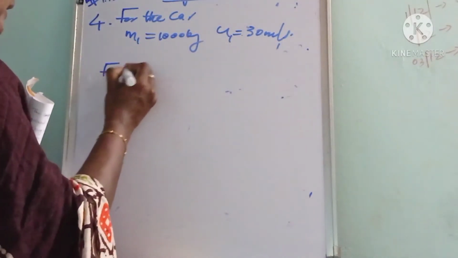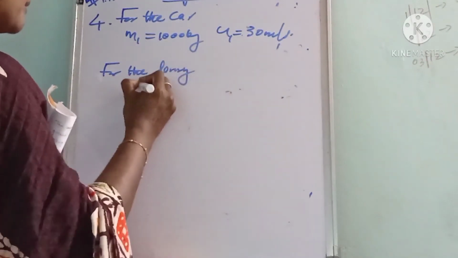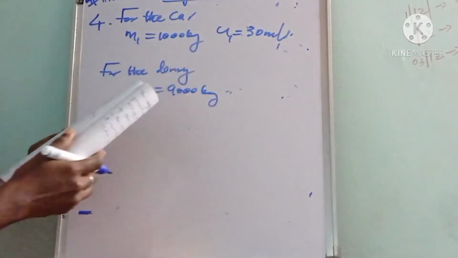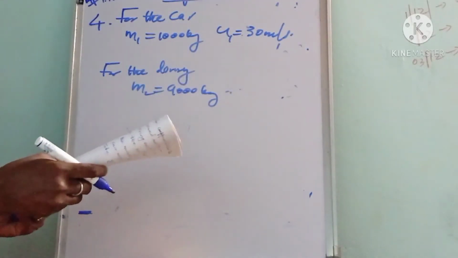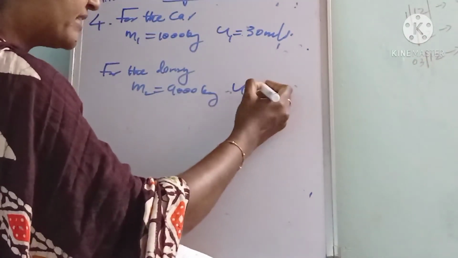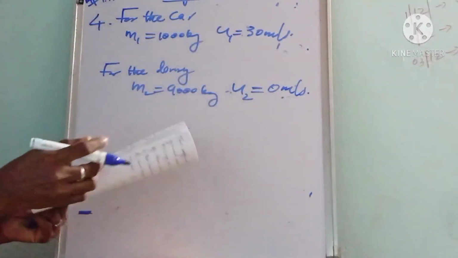For the lorry, its mass M2 is 9000 kg. It remains stationary, so its velocity before collision, U2, is 0 meter per second, isn't it?